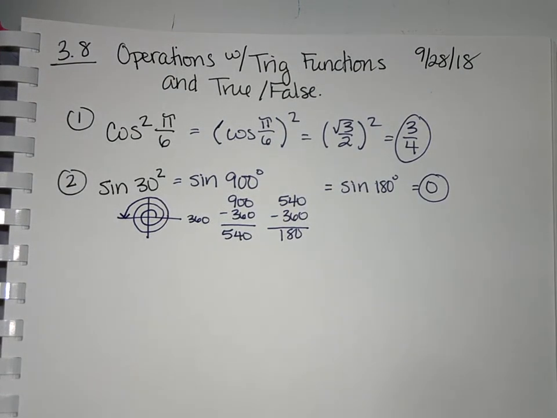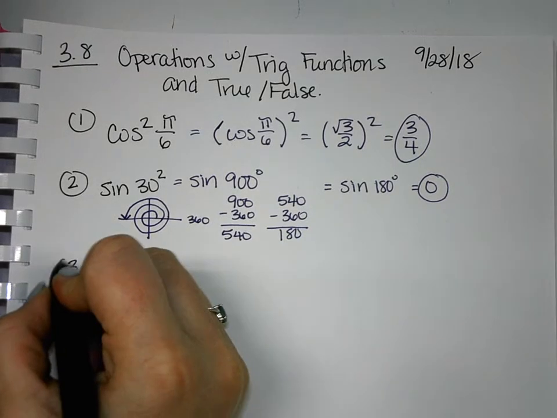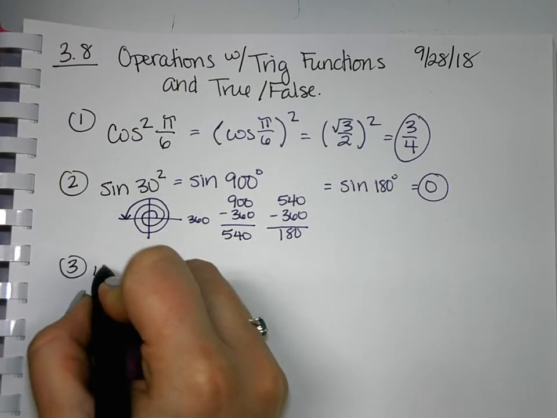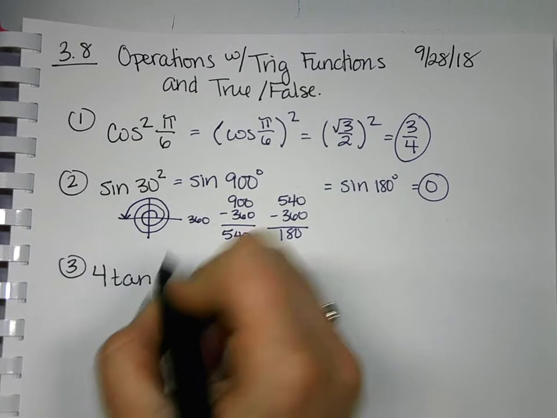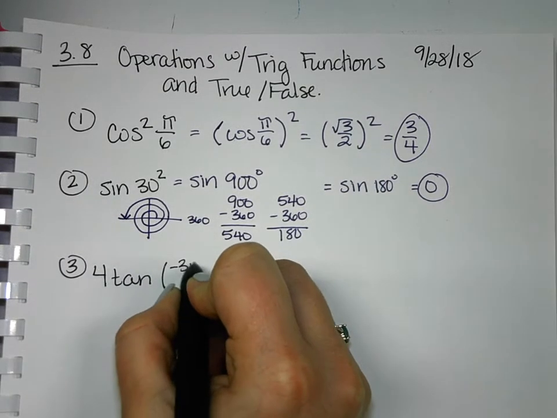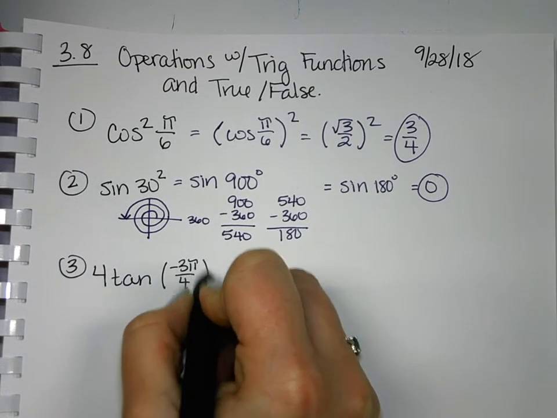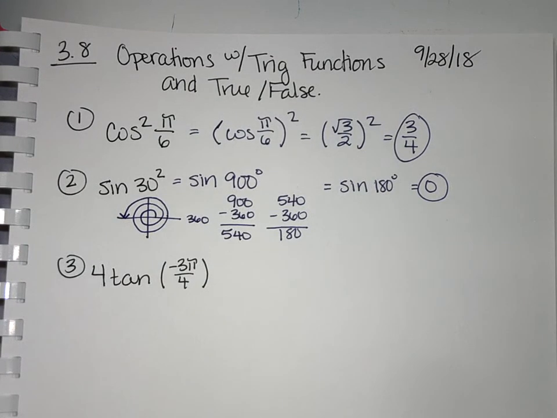So what we're working on again today, as you can see, is more how can we simplify things that might need us to use our reference angles or coterminal angles or things like that. So our third example is 4 times the tangent of negative 3 pi over 4. So again, we want to think about where is negative 3 pi over 4.